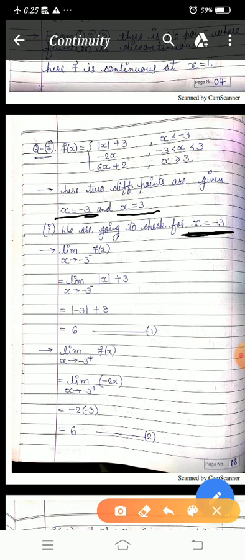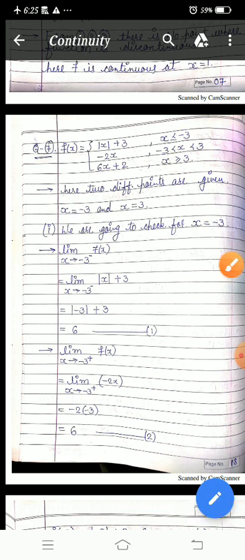So limit x tends to minus 3 minus. Now here you need to see clearly. The point is minus 3 and we are going to find the left hand side limit. So it will be x tends to minus 3 minus, and instead of the function, the first function we need to take is mod of x plus 3.